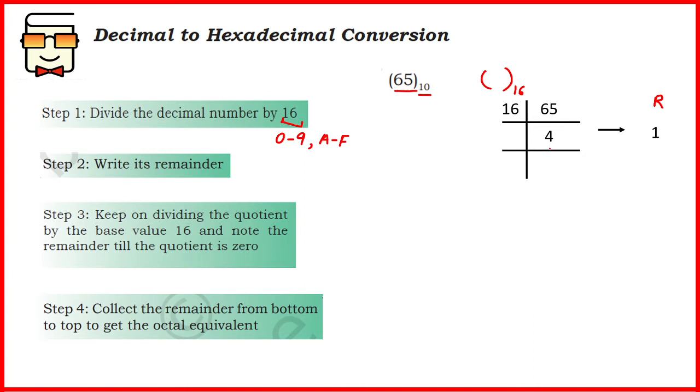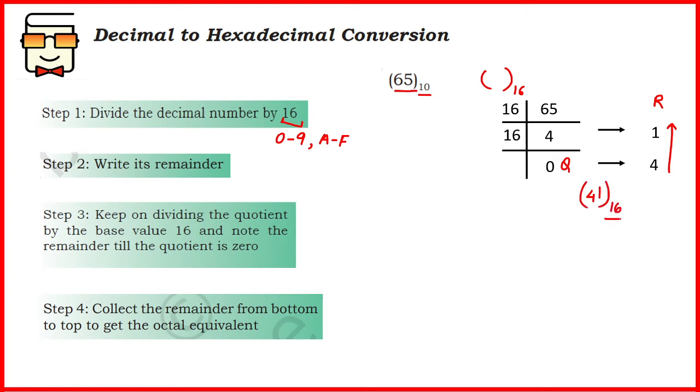Now you again divide 4 by 16. Since 4 is not divisible by 16 completely, you get 0 as the quotient and 4 as the remainder. So these are all the remainders. We'll stop here because we have got the quotient as 0. Now we'll collect these remainders in the reverse order. So what would be your answer? 41 in hexadecimal.